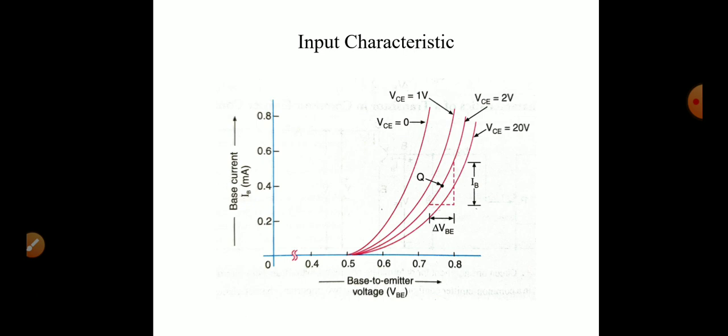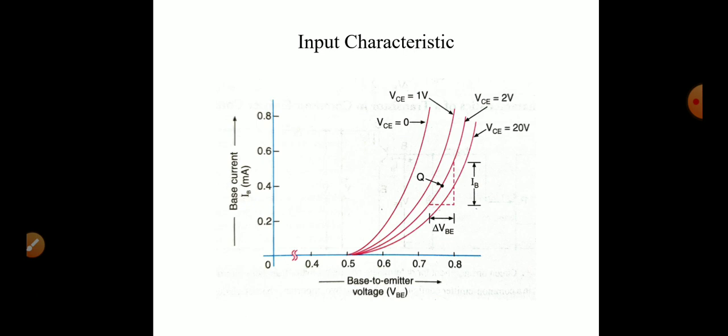In the input characteristics curve, different curves are shown with different values of collector emitter voltage. First, we start with VCE equal to 0 volt.